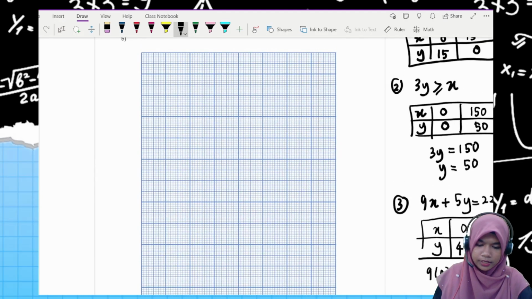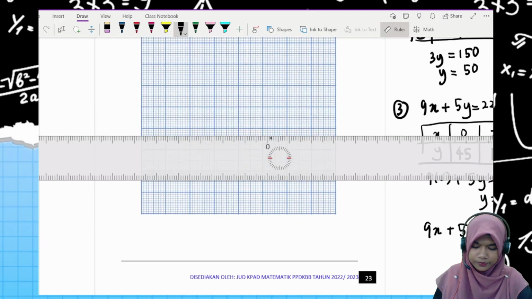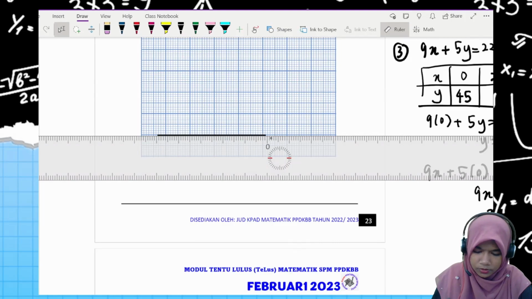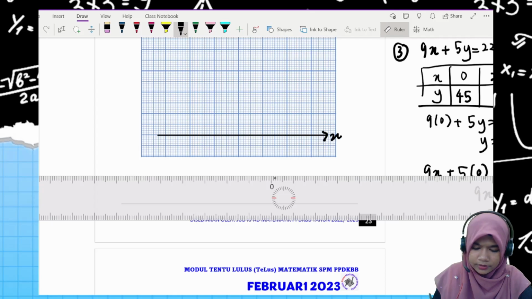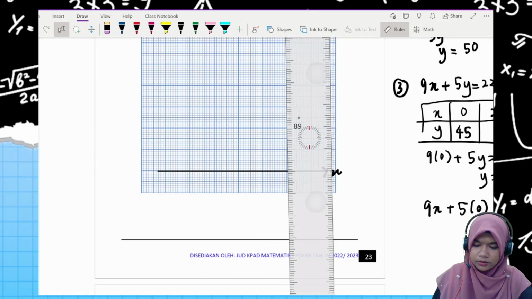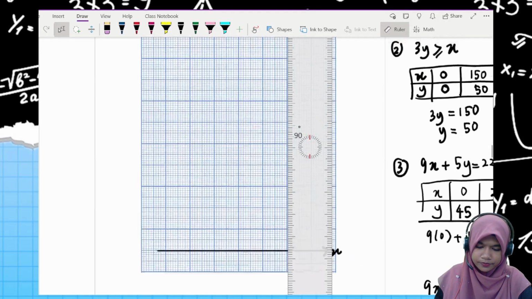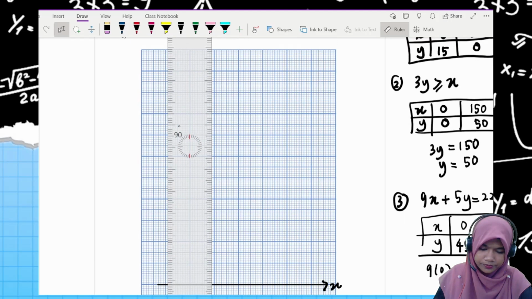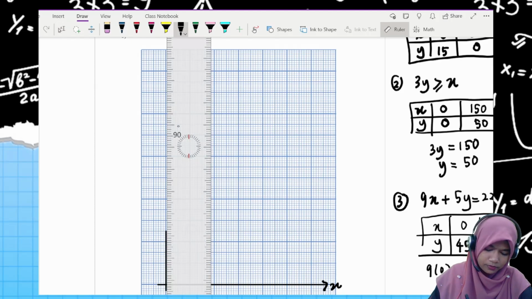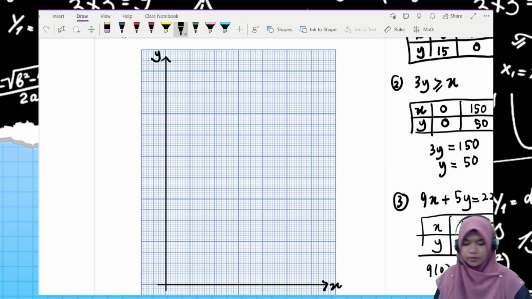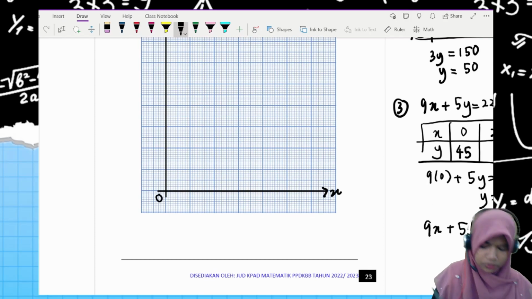So you draw the x-axis and y-axis. This one is y. And this is the origin, 0, 0.